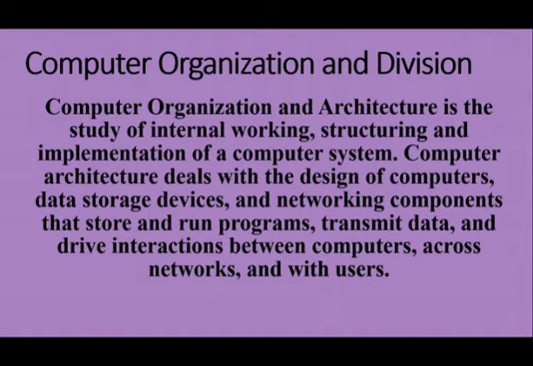Computer architecture deals with the design of computers, data storage devices and networking components that store and run programs. Transmit data. Transmit data means transfer of data over a point-to-point or point-to-multi-point communication channel, and drive interactions between computers across networks and with users.